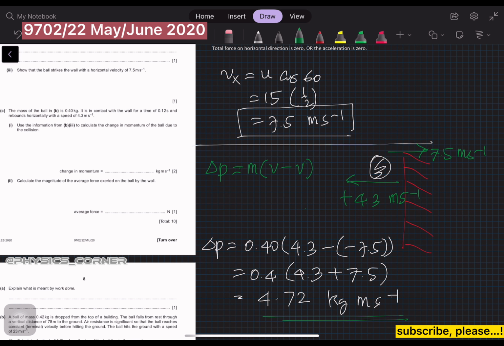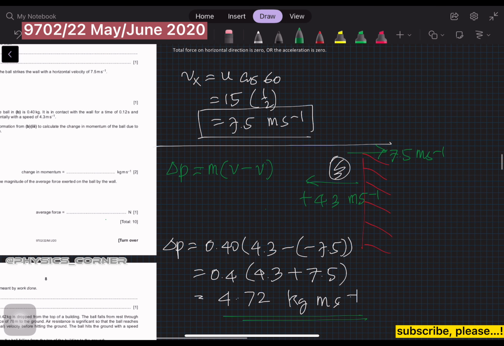This is related to the change in momentum. Force equals delta P over delta T. We have delta P as 4.72 and delta T as 0.12 seconds.